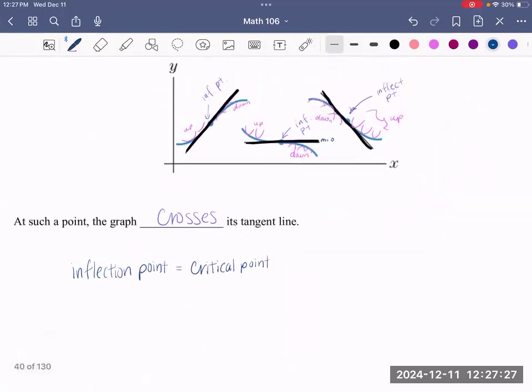Just be aware the inflection point can also be a critical point at times. Not always is that the case, but when we go to graph it later on in this chapter, you might see the inflection point come up as the same critical point.